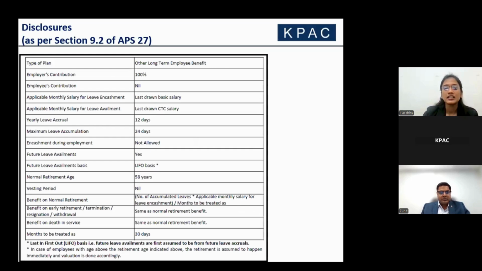Lastly, a detailed benefit structure description is a key disclosure. This outlines the specific policy features influencing the valuation, such as accrual, accumulation, encashment rules, and benefit formulas on exit, providing clarity on the plan's design.